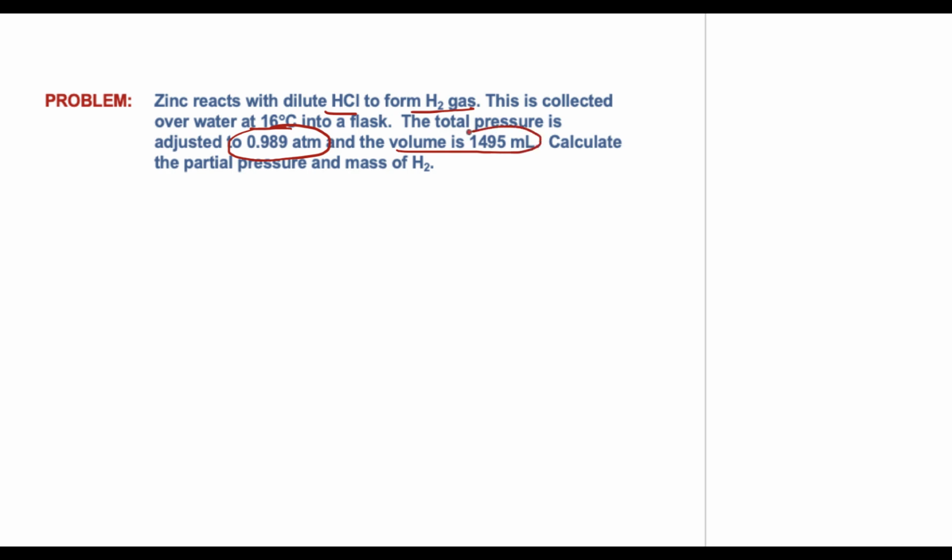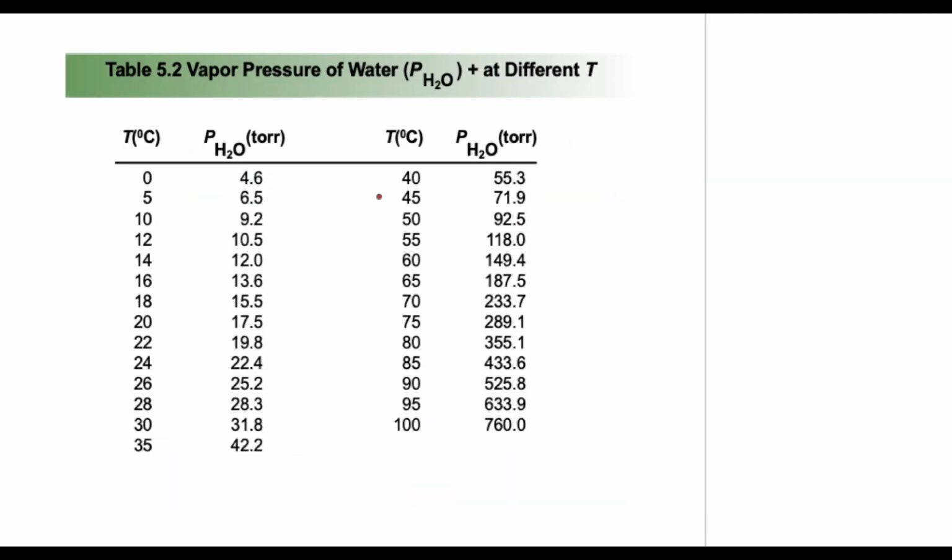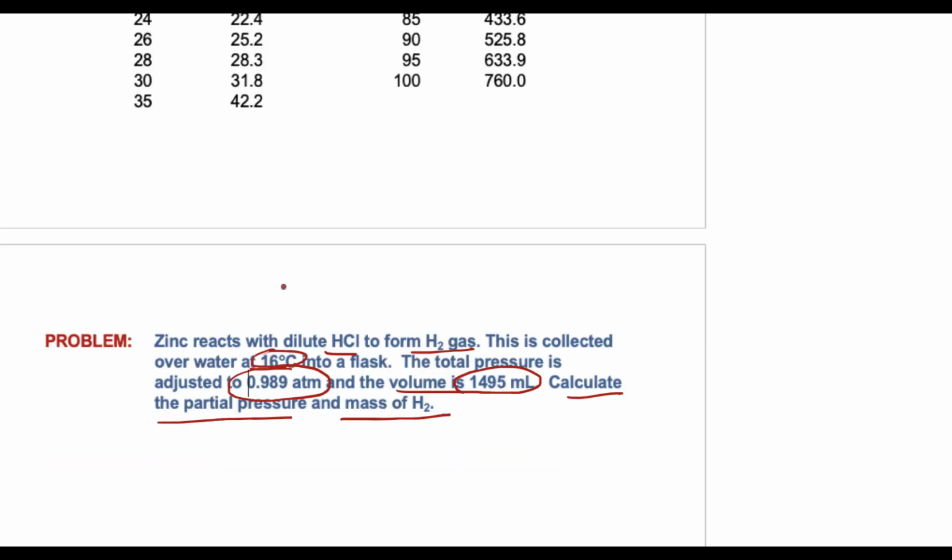And the volume here is 1,495 milliliters. We want the partial pressure and the mass of hydrogen to be calculated. We're doing this experiment at 16 degrees Celsius, so we need to look up the vapor pressure of water at 16 degrees Celsius, and it's 13.6 torr.